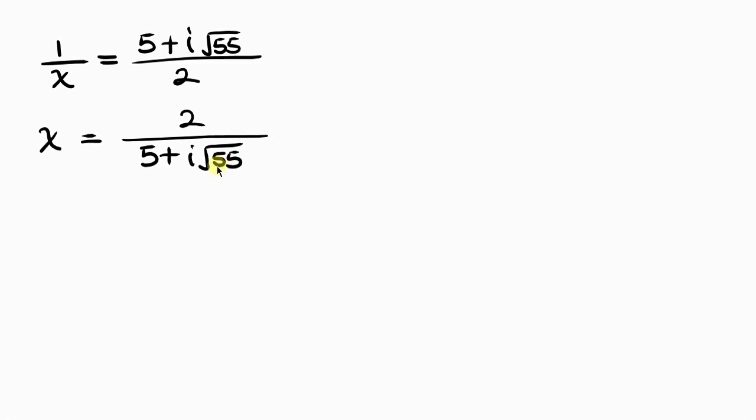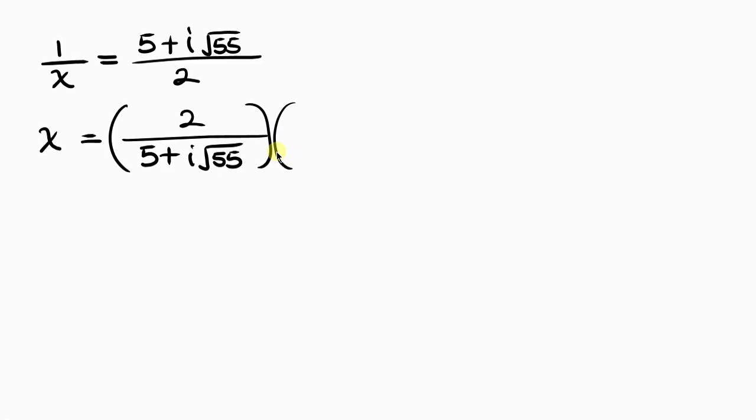So because of the surd on the denominator, we're going to rationalize. So how do we rationalize? We're going to be using the conjugate to do that. So I'll take this expression and multiply by the conjugate.